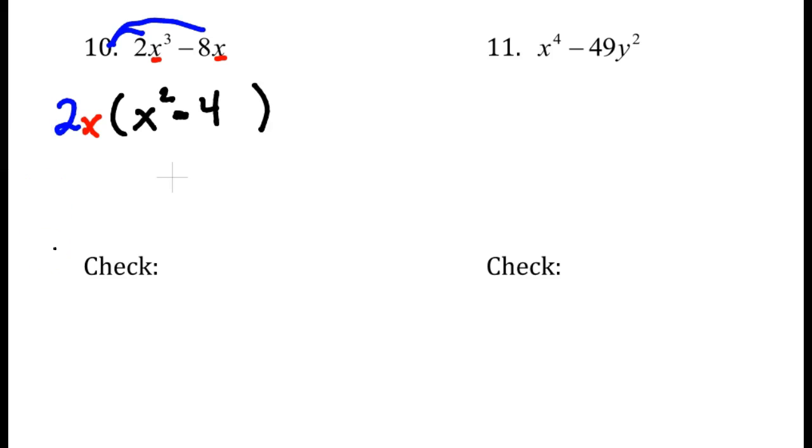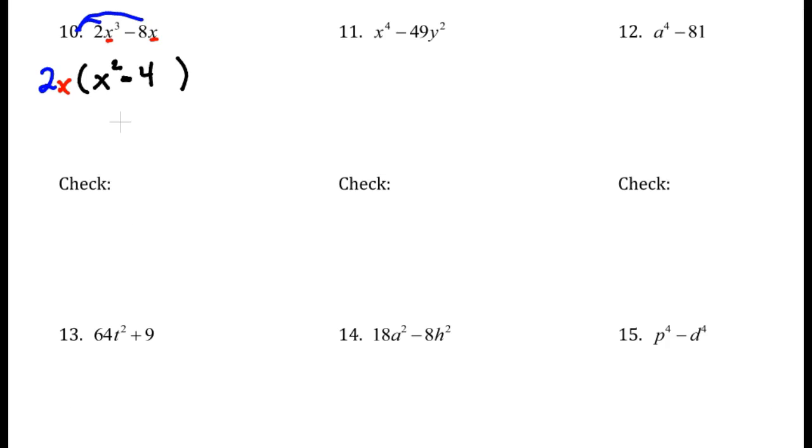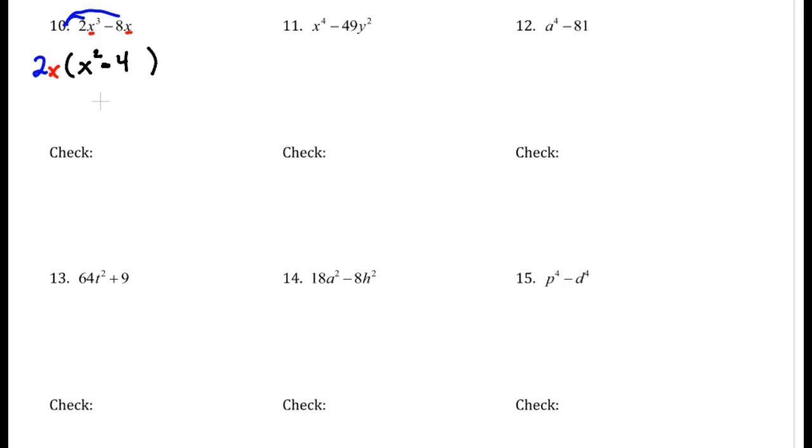Real fast, by looking at every problem on the back, which one is prime? Yeah, what problem is fundamentally different from all the others? Look at all those on the back.